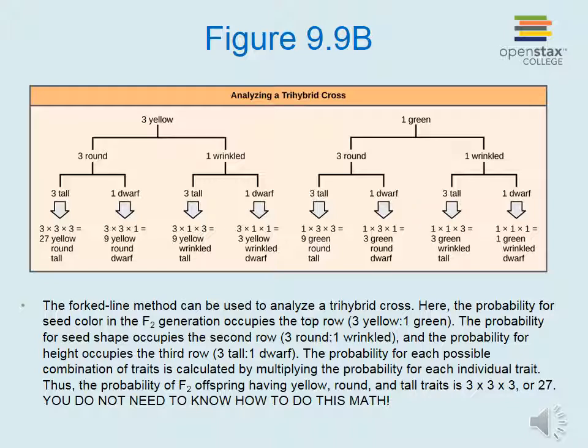The probability for each possible combination of traits is calculated by multiplying the probability for each individual trait. Thus, the probability of F2 offspring having yellow, round, and tall traits is 3 times 3 times 3, or 27. Don't panic. You do not need to know how to do this math for your upcoming exam.